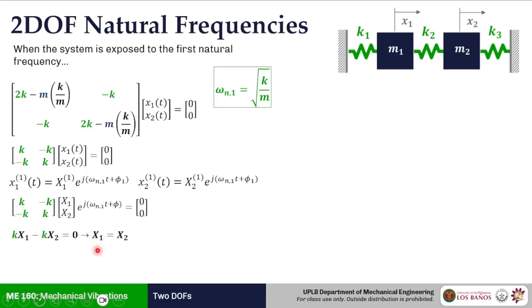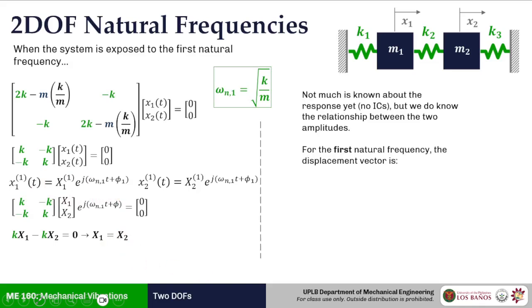You will end up with x1, the amplitude of the first displacement, and the amplitude of the second displacement being equal. So what does this imply? If our x1 here moves 5 millimeters to the right, x2 will also move 5 millimeters to the right. They are synchronized in their motion.